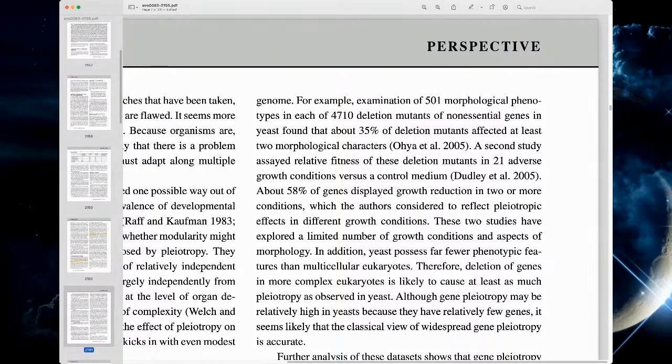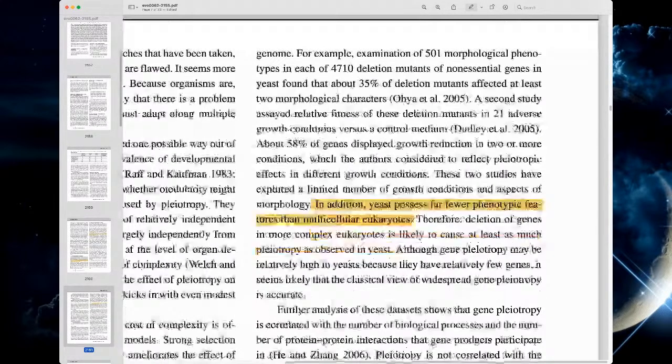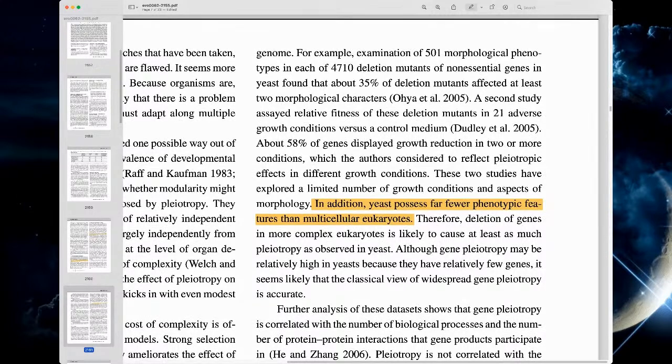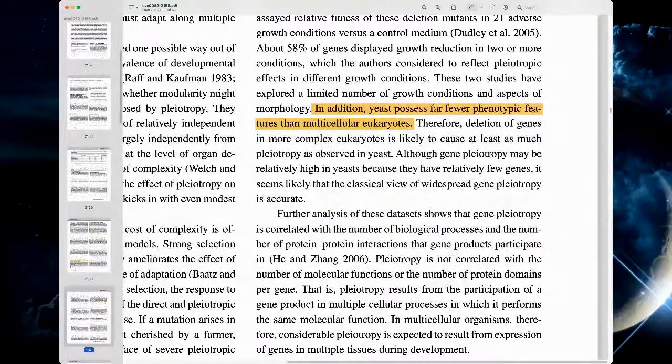In addition, yeast possess far fewer phenotypic features than multicellular eukaryotes. Therefore, deletion of genes in more complex eukaryotes is likely to cause at least as much pleiotropy as observed in yeast. Although gene pleiotropy may be relatively high in yeast because they have relatively few genes, it seems likely that the classical view of widespread gene pleiotropy is accurate.